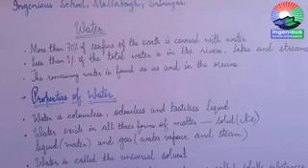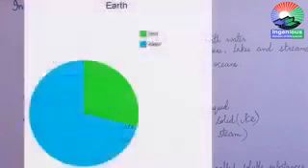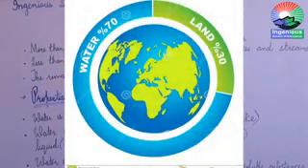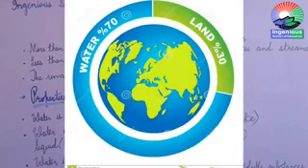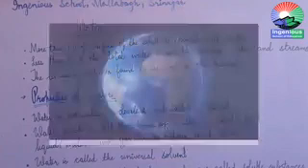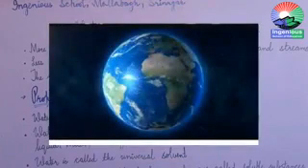So water is very, very important for all the life forms present on earth, be it plants or animals. Students, more than 70% of the surface of the earth is covered with water. This is the reason why earth is known as the blue planet, because water is found in abundance on earth.